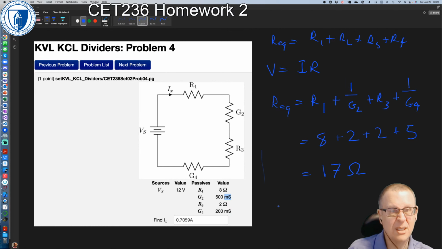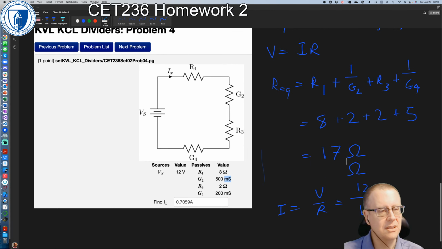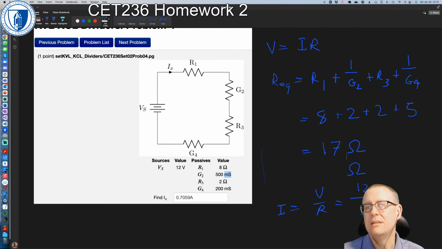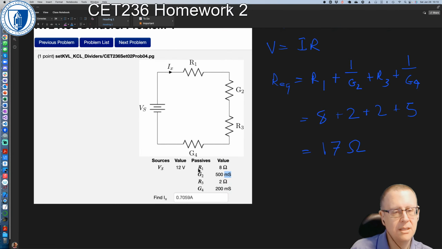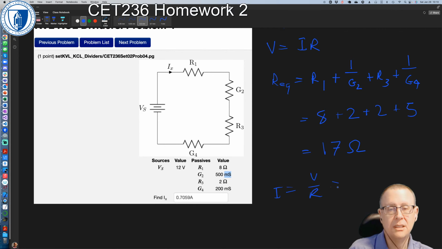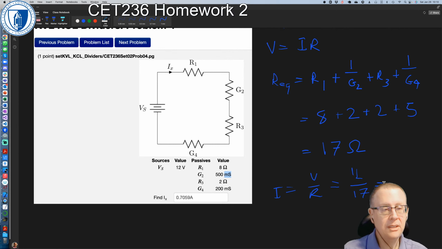What we're after is the current. So I equals V on R, and here our V is 12 volts. Let's try that again. Right, so our I equals V on R, voltage is 12, resistance is 17.